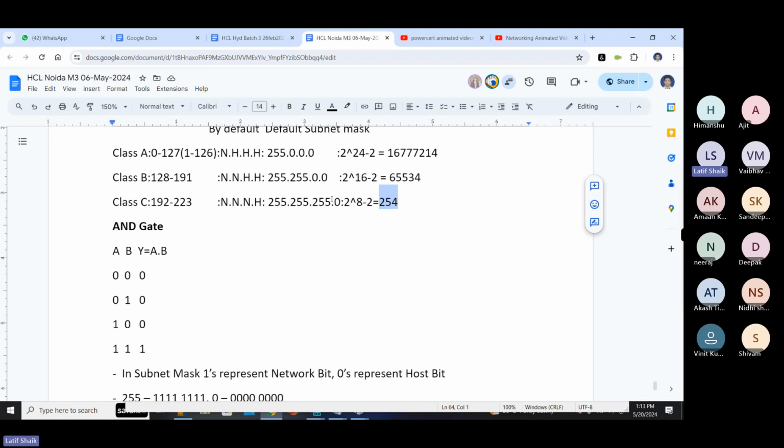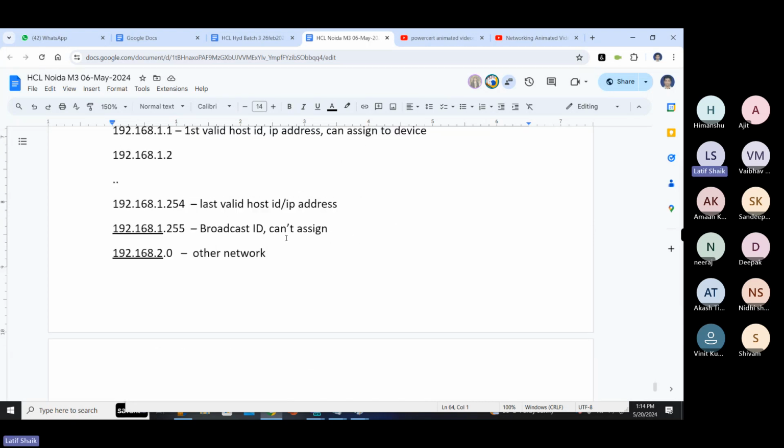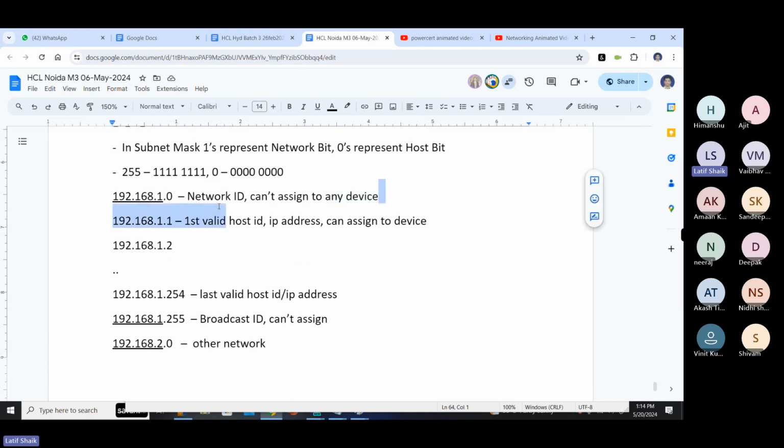So what is the host portion? One octet, a complete one octet, means 8 bits. 2 to the power of 8 is 256, minus 2. Why minus 2? Two IP addresses we cannot assign. One is the very starting one, the network ID, and the very last one, the broadcast ID. In a single complete network, we cannot use two IP addresses.